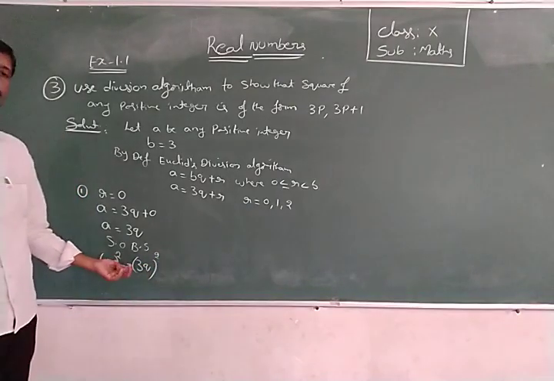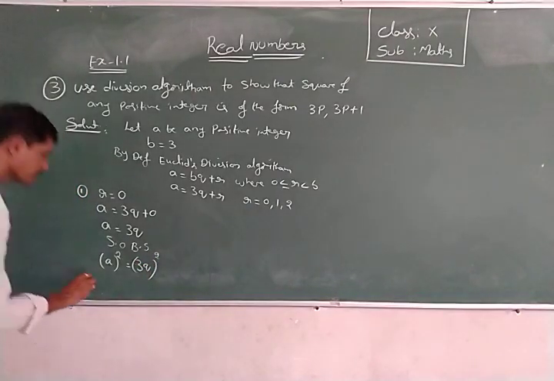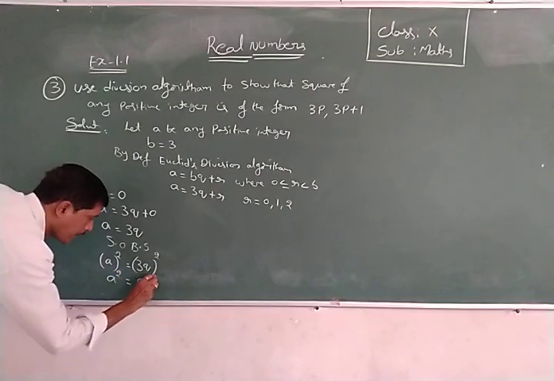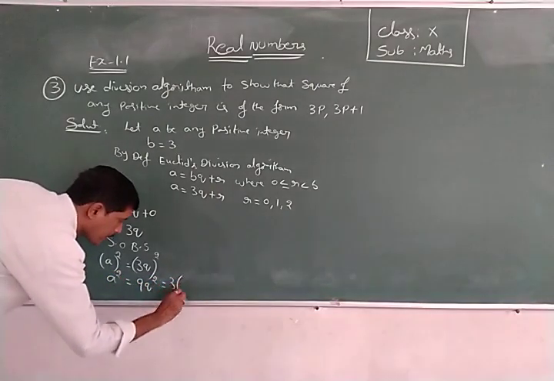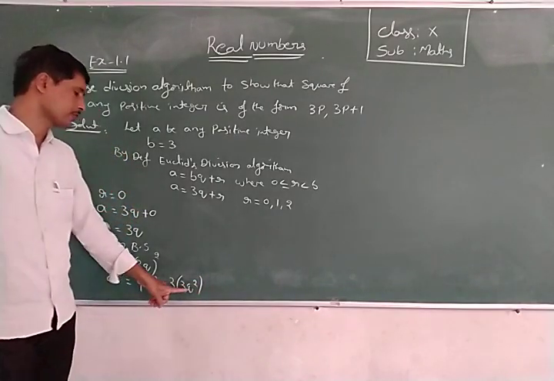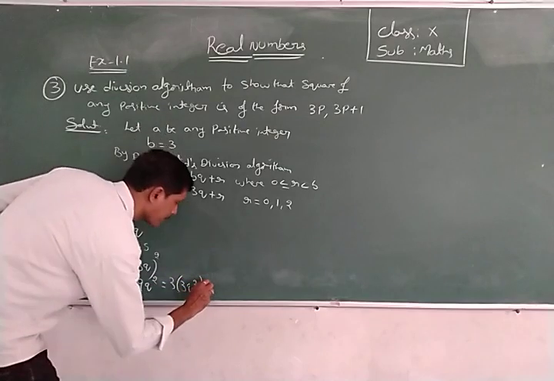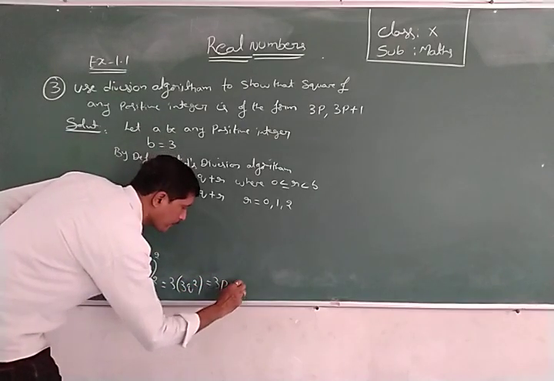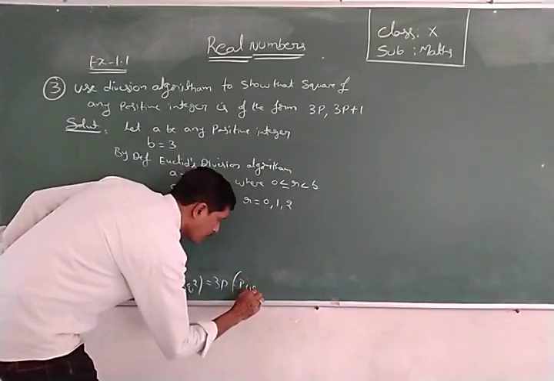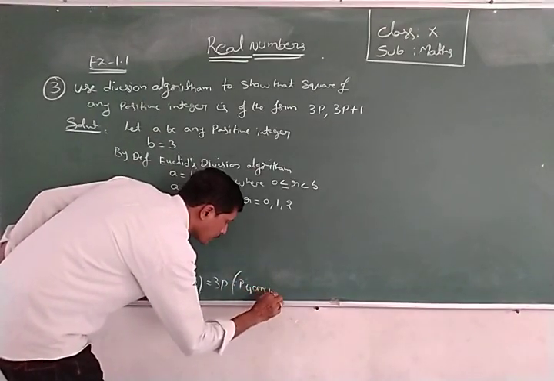That is 3q into 3q, that is 9q squared. So a squared equals 9q squared. It can be written as 3 into 3q squared. Here in place of 3q squared, you take any number p. Therefore, let p be any integer.